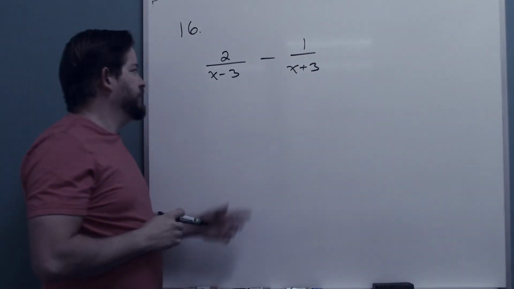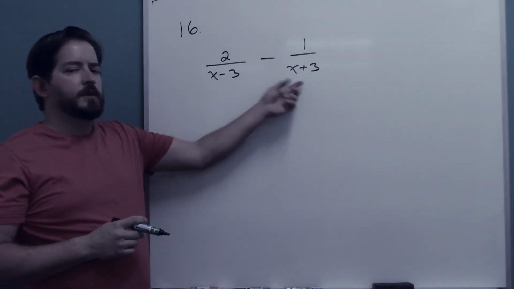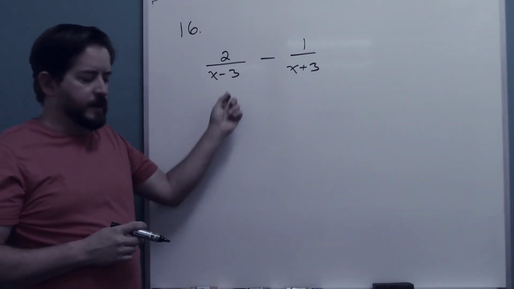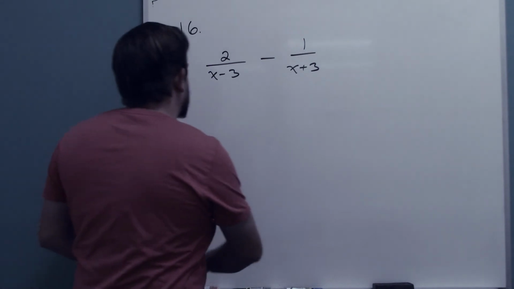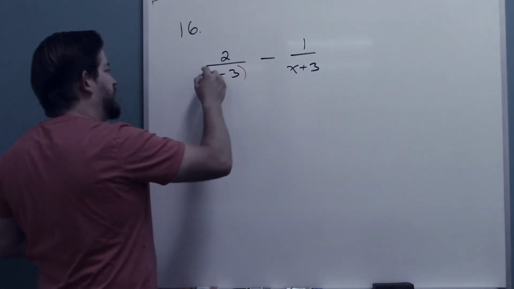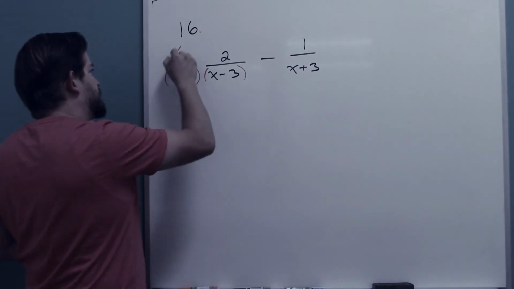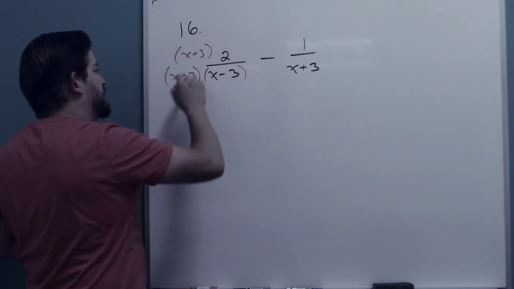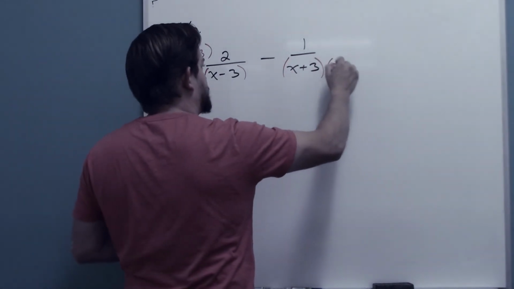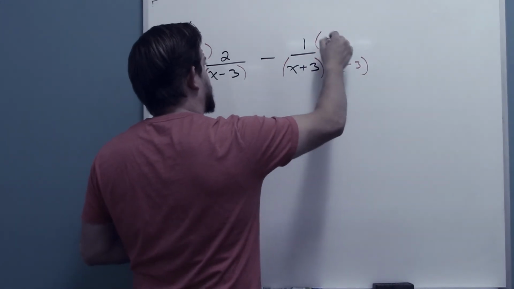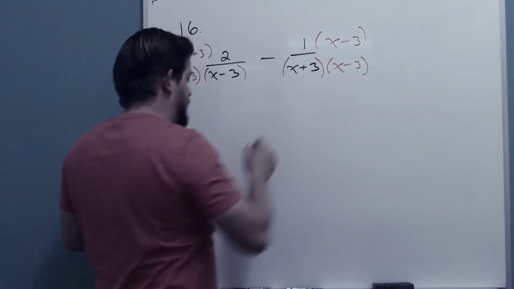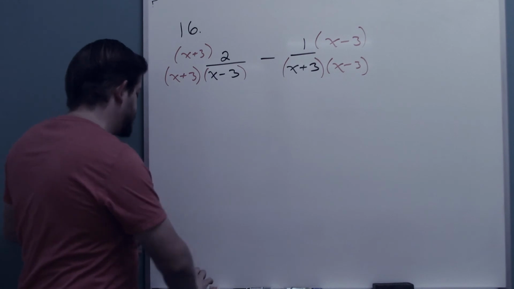So I need a common denominator, and neither of these are the same. X plus 3 is not the same as x minus 3. So what I'll do is I'll multiply each side by the other. So I get x plus 3, which I then of course have to multiply to the top. And over here I'll multiply this by x minus 3, which of course then I have to multiply to the top, right?